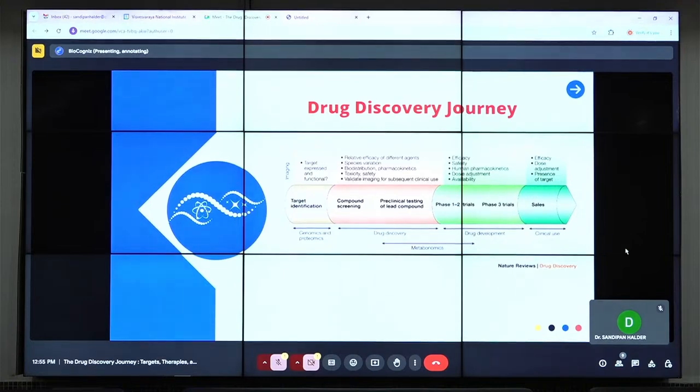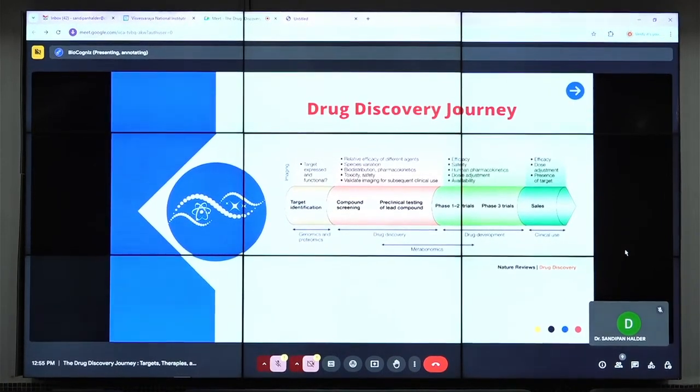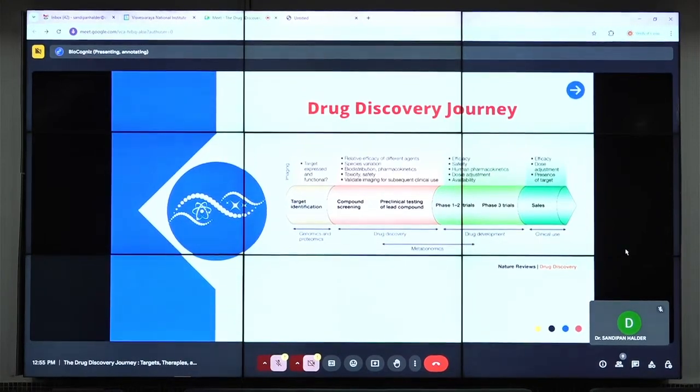a biological target. It can be any organism. For example, in the case of COVID, we have the external viral protein. Or sometimes it's going to be the host itself, the human itself. For example, disorders like diabetes and cancers, where we target the human itself.